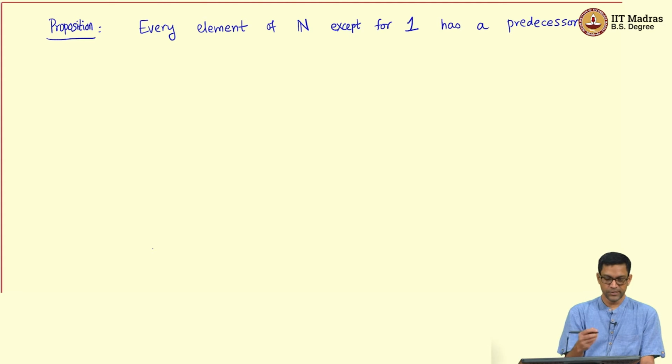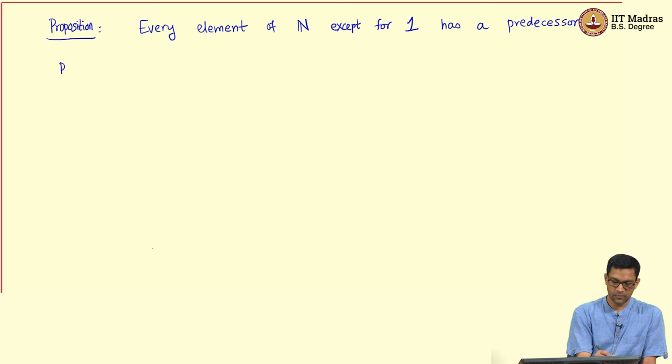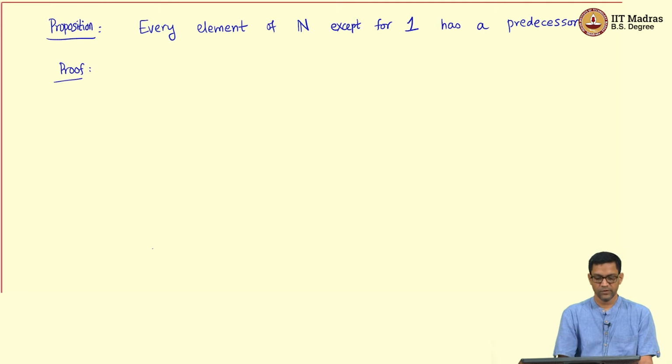This is of course intuitively clear to us because of the way we think about natural numbers. We know that every number has a previous number except for the number 1, which of course does not have a previous natural number. But again, we want to prove these sorts of statements just using the axioms. That is the key point here.